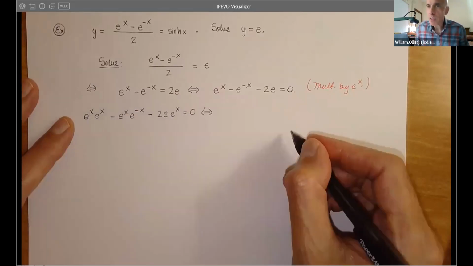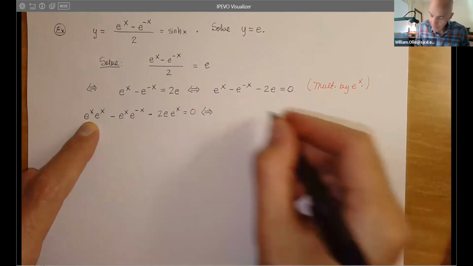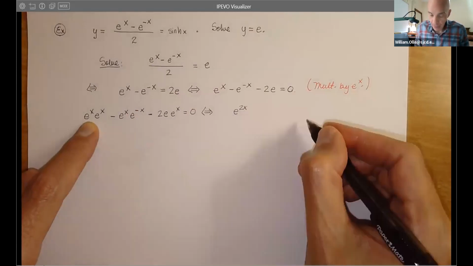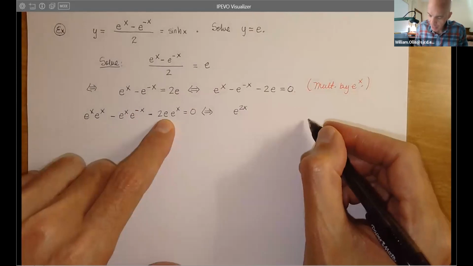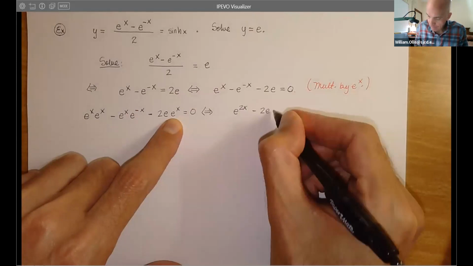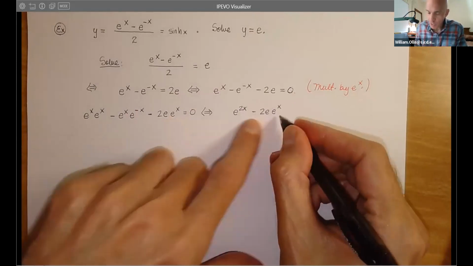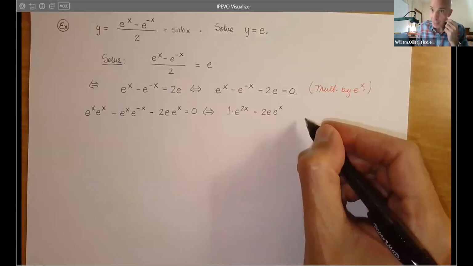Okay, now we want to use the laws of exponents. So e to the x times e to the x is e to the 2x. That's a squared term. And then here, this is minus 2e times e to the x, so we'll put that second. So the minus 2e is the coefficient of e to the x. That's the squared term, and that's just got a 1 out front. So it's like quadratic so far.